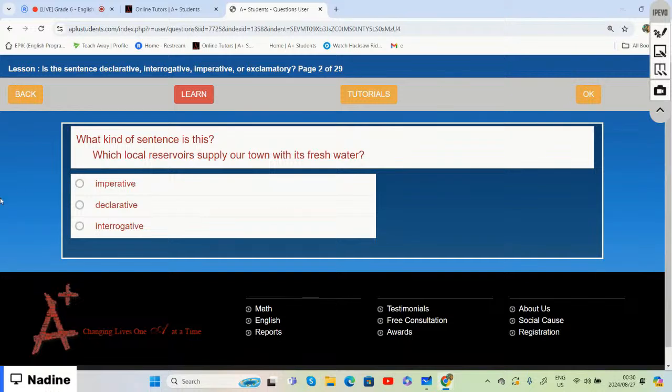The next one says, what kind of sentence is this? Which local reservoir supplies our town with its fresh water? It ends with a question mark. Is this option one, an imperative sentence, option two, a declarative sentence, or option three, an interrogative sentence?